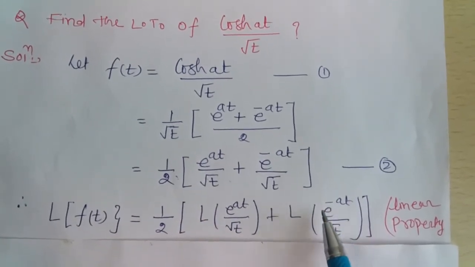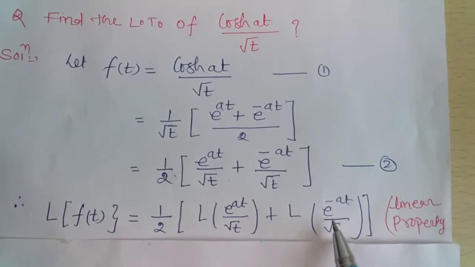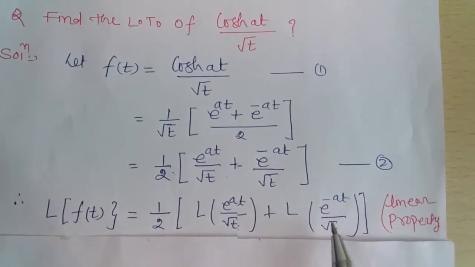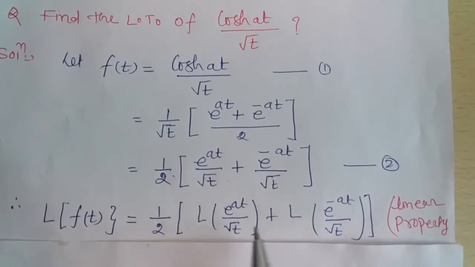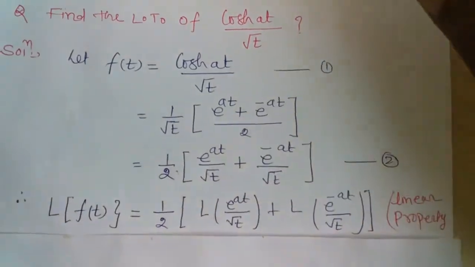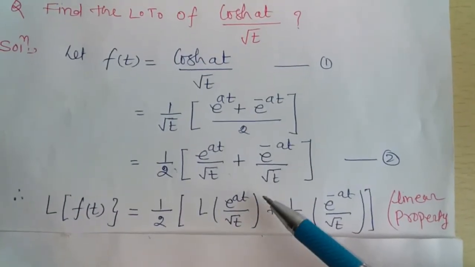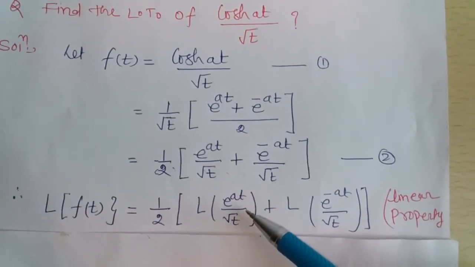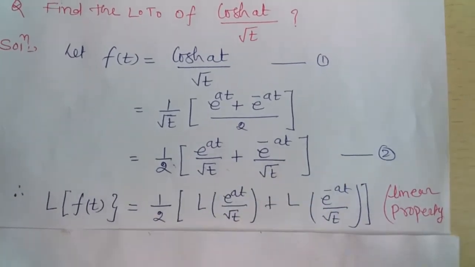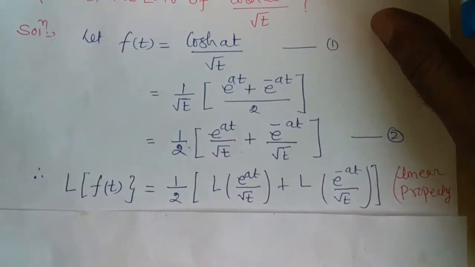Here also e raised to minus at is an exponential function which is multiplied with 1 upon root t. So to evaluate its Laplace transform, we use the first shifting theorem. So first we find the Laplace transform of 1 upon root t, and then the Laplace transform of this product term can be obtained by using the first shifting theorem.